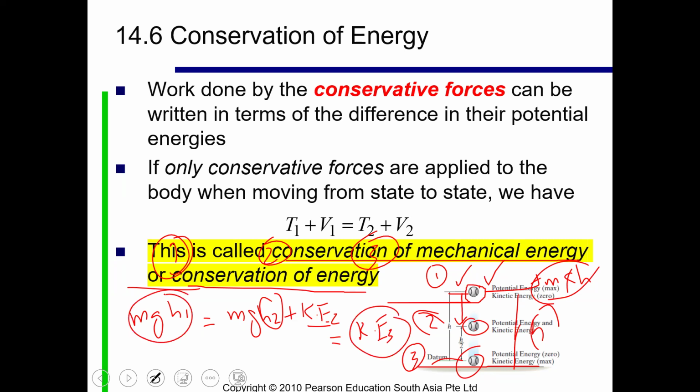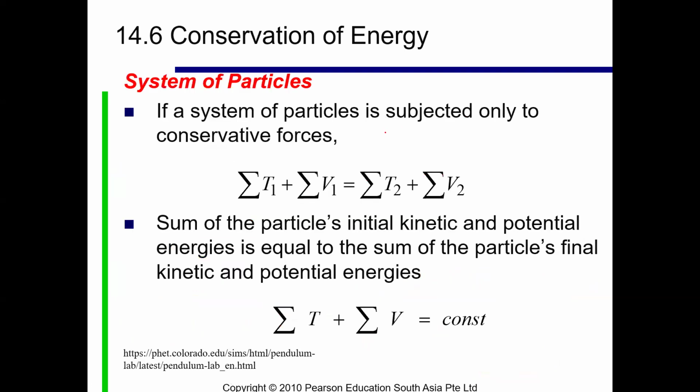Now, if you get this value 100 here, the total value will always be 100. You cannot create energy, you cannot destroy energy in the system, right? So that will remain conserved, and that is referred to as the conservation of mechanical energy, or the conservation of energy principle, specifically for conservative forces.